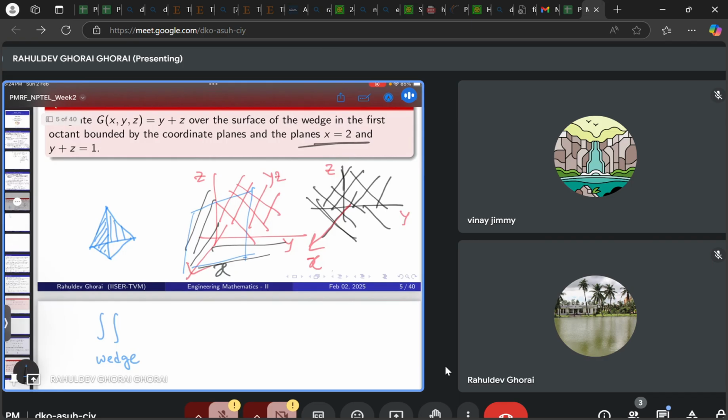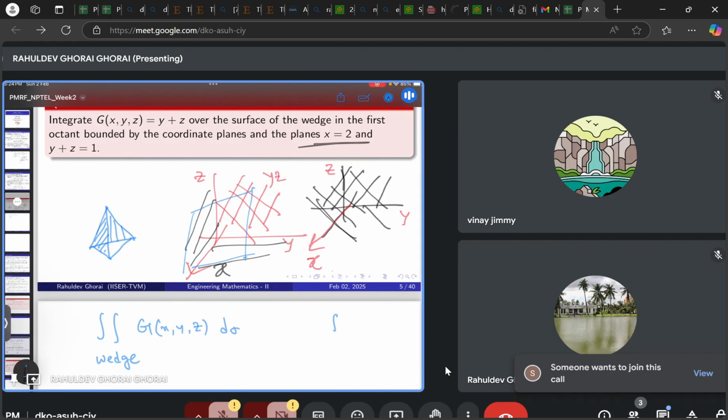So I'm writing what you have to find out, this is the required integral, right? What you need to find is the integral of G of x y z.